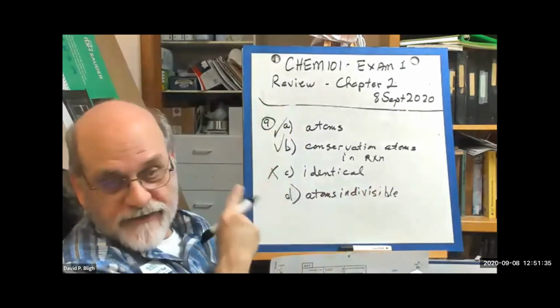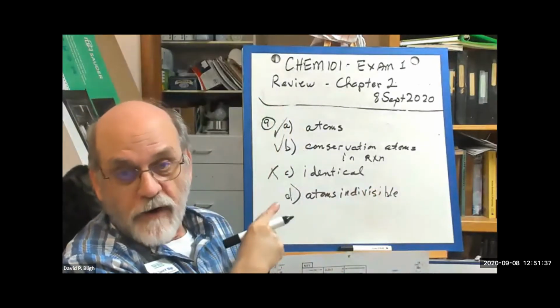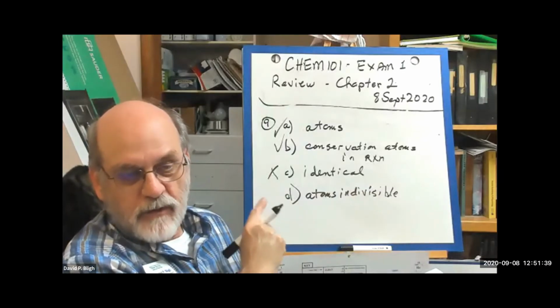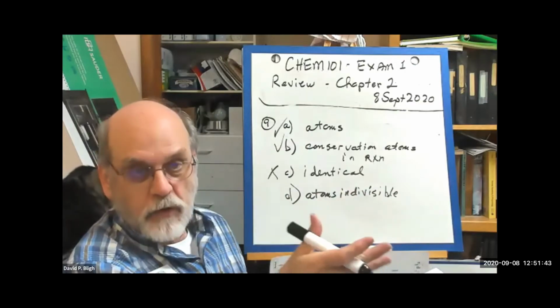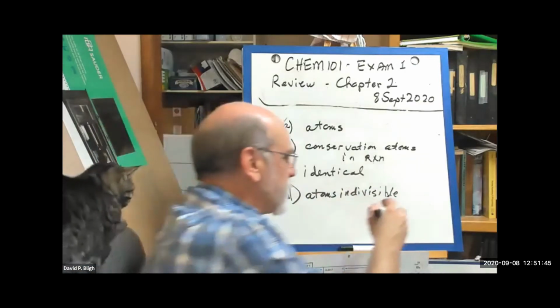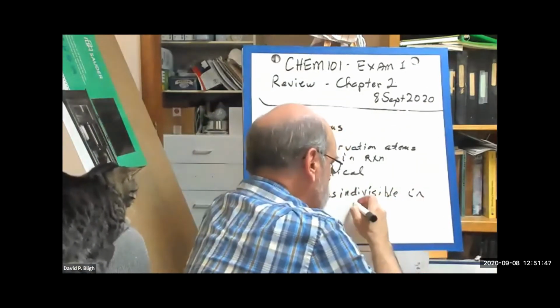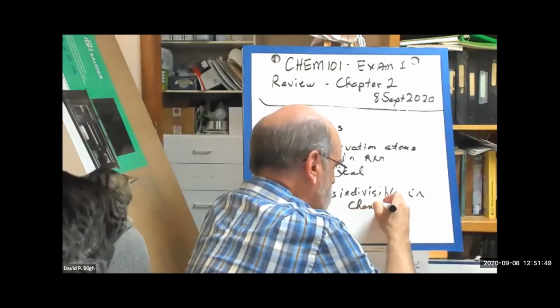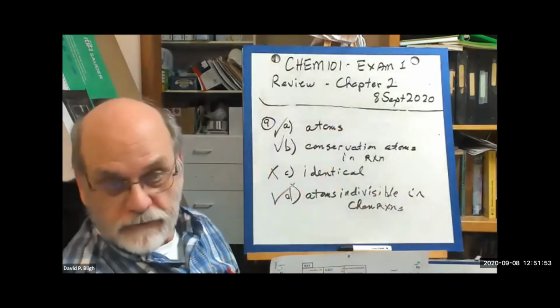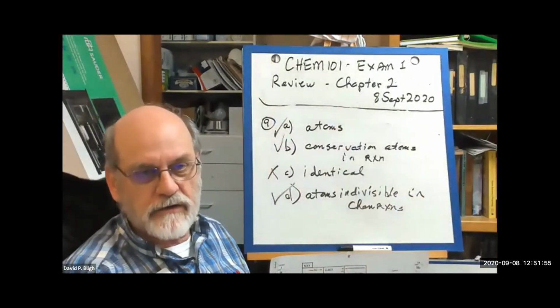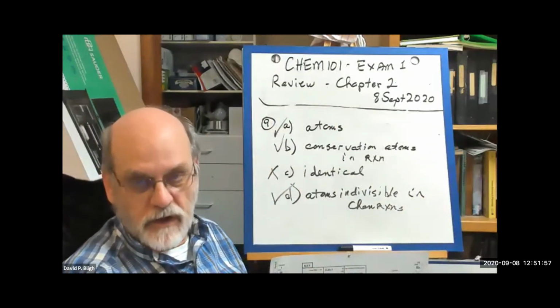Now, if we stopped right there, that would be false, because atoms are made up of smaller particles, subatomic particles, and they can be broken apart. But in chemical reactions, that's true. Chemical reactions do not transform one element into another.